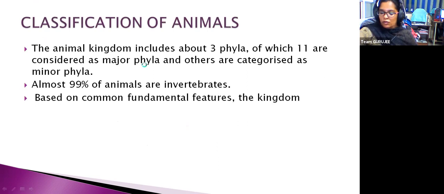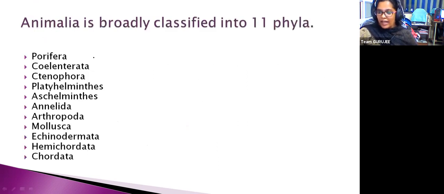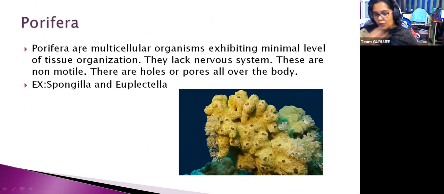Based on the classification, they are classified into 11 phyla. We'll see them individually. The first is Porifera. Porifera are the sponges, which are present in the marine environment. They are multicellular organisms. They lack a nervous system.